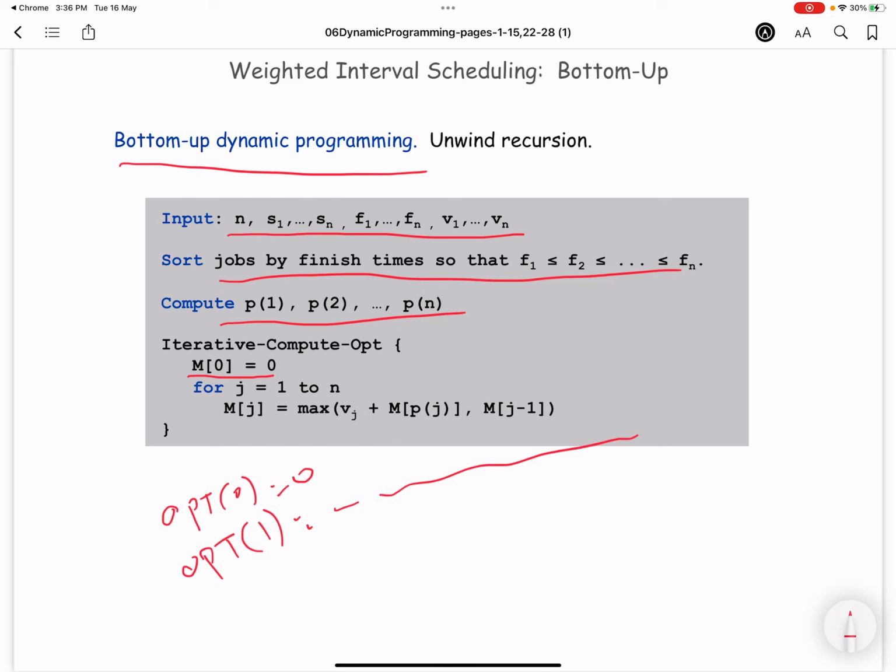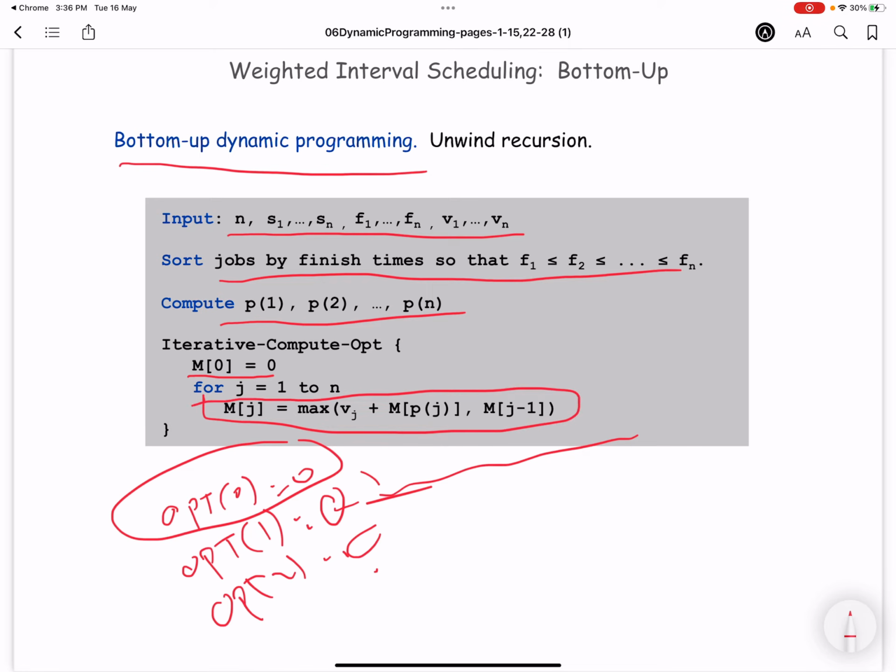Opt 1 has a recursive formula that depends on the previous opt, so you can compute it. And then you compute opt 2, and so on. By doing this recursive formula, you compute all the values from opt 0 till opt n. Opt n considers all the jobs from 1 to n, so you find the optimal solution.